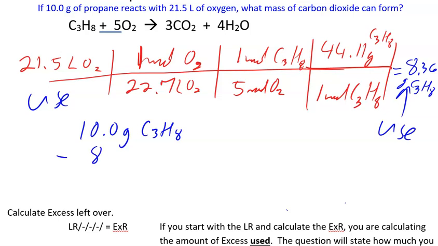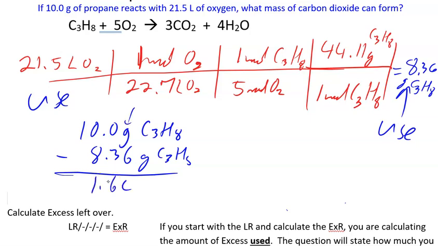Subtract out how much we use, which is 8.36 grams of propane. And then we do the subtraction and round it. 1.64, but this is only good to the tenth, so we're going to say 1.6 grams of propane is left over.